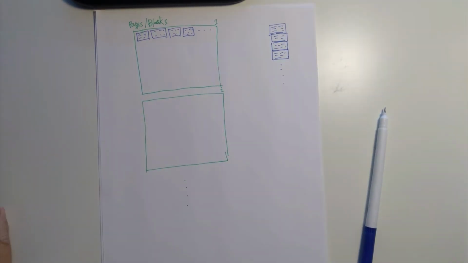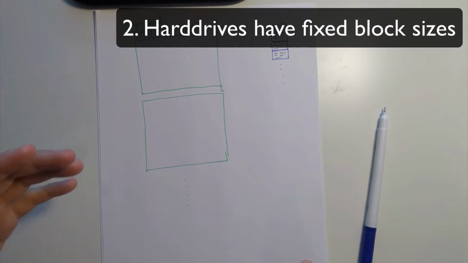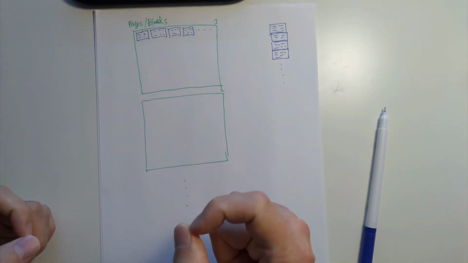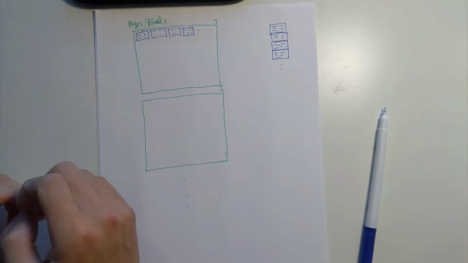Another reason is because there are actual meaningful sizes. The physical hard drives that we use have actual physical disk sector sizes, which I believe is like 512 or something. That's the smallest unit of data you can read or write from a disk. If you want to read anything at all, you at least have to read that much.